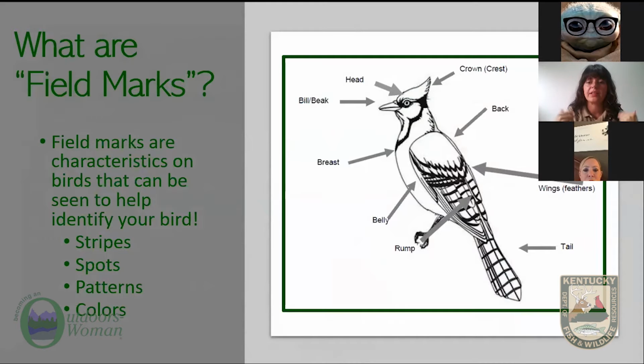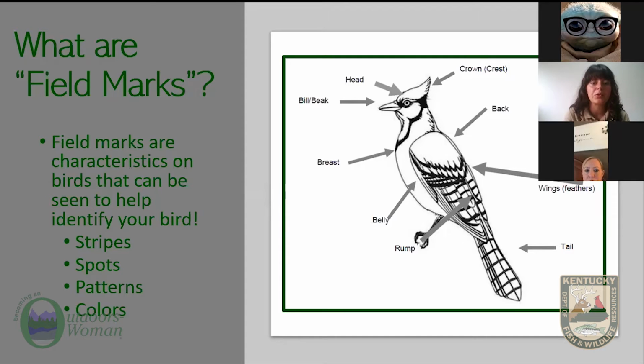I keep talking about these identifiers, type in this, type in that. These are field marks. These are what's going to help you identify a lot of birds in the wild. I have a diagram here, and this is just telling you terminology of parts of a bird. This is what you're going to read about in your field guides. So this is a blue jay without color, and you can see it's pretty basic.